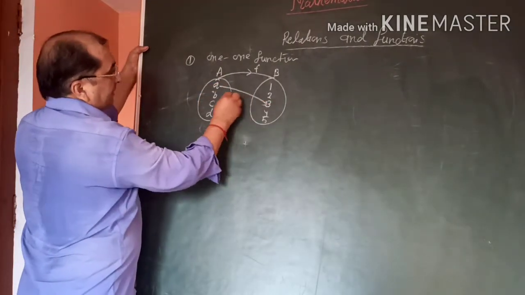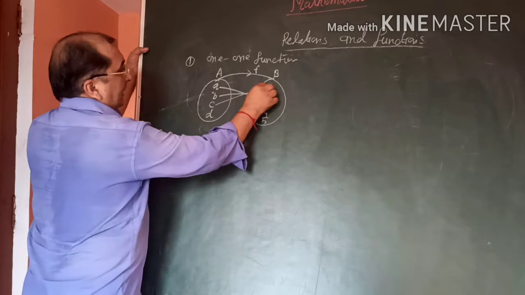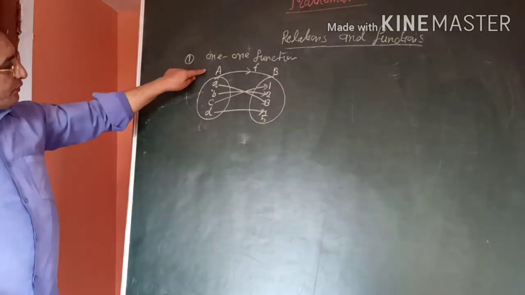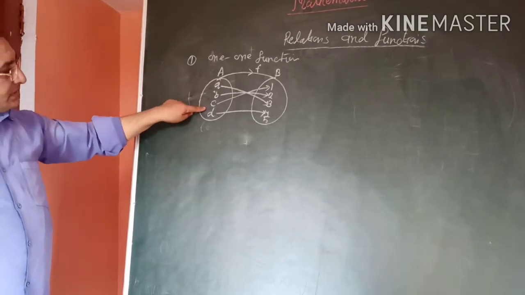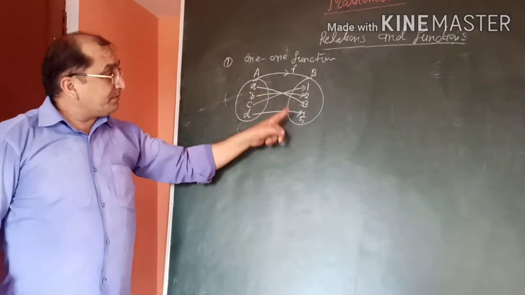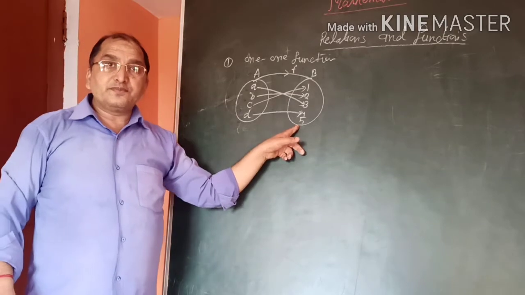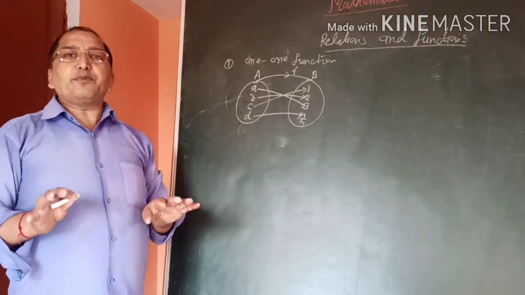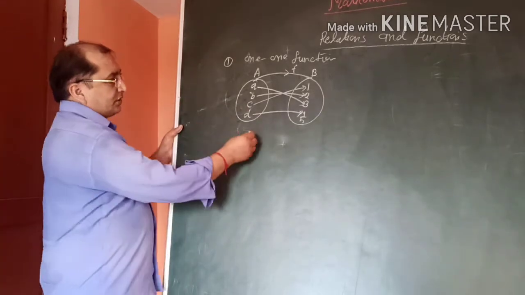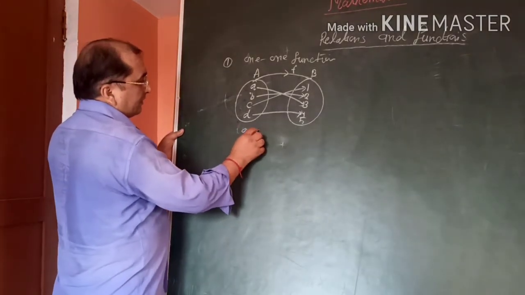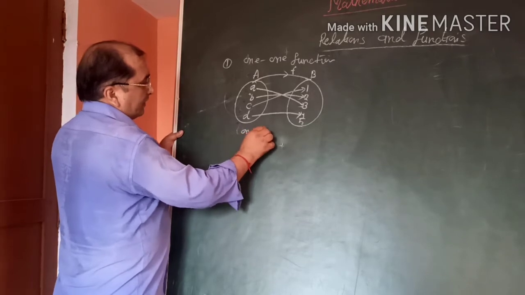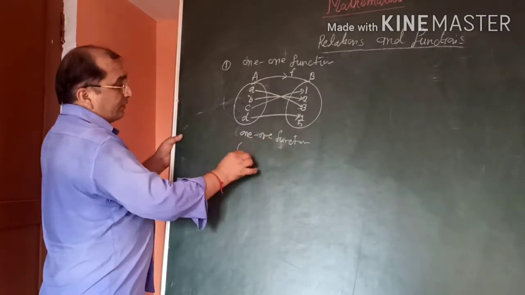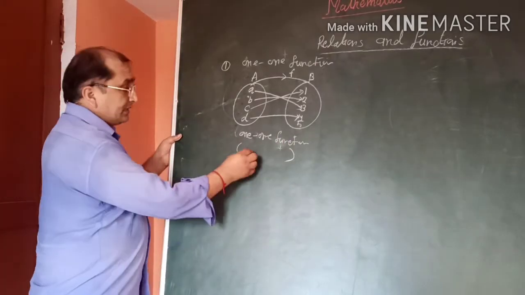See, 3, this one, like this. All elements A, B, C, D have one image in B, and 5 doesn't have any image. But this is possible. This type of function is possible, and this is known as a one-one function. A one-one function is also known as an injective function.